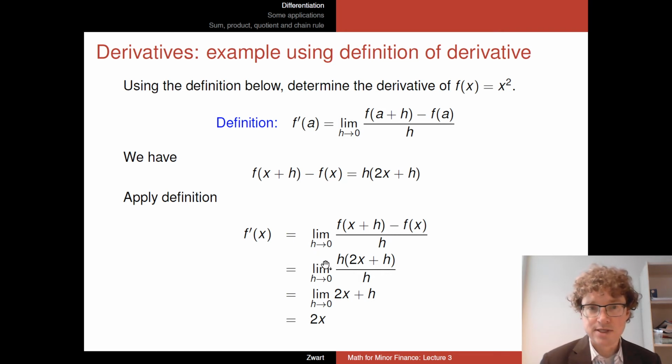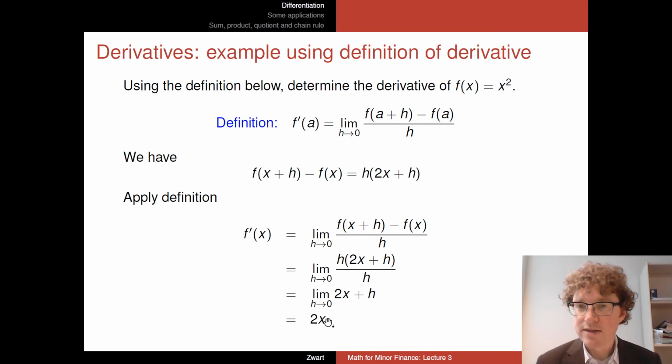I use the fact that f is this quadratic function, f of x is x squared, and I'm getting rid of some of the brackets to figure out that you can get rid of the h in the denominator by dividing it out, 2x plus h, and then this limit ultimately, if I take h small enough, reduces to just 2x. So the derivative of the function f of x equals x squared is actually 2x.